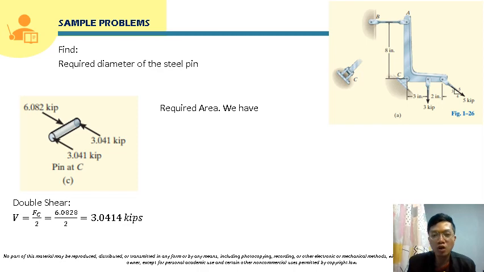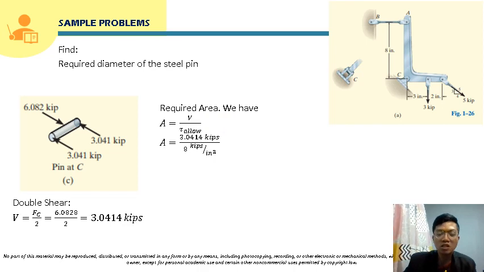Now, to solve for the required area, there is a given allowable shear stress in the problem. We are going to use this computed internal loading, which is a shear force. Substituting this value, the allowable shear stress given is 8 ksi, so that will be 8 kips per inches squared, and the shear force here will be 3.0414 kips.